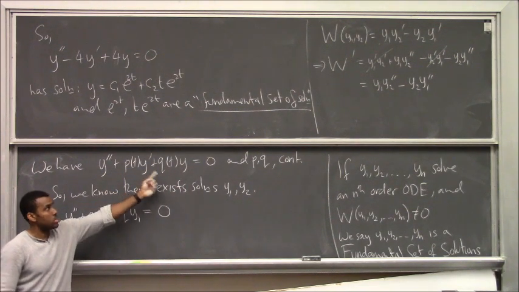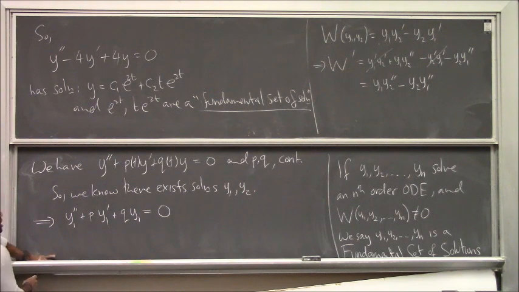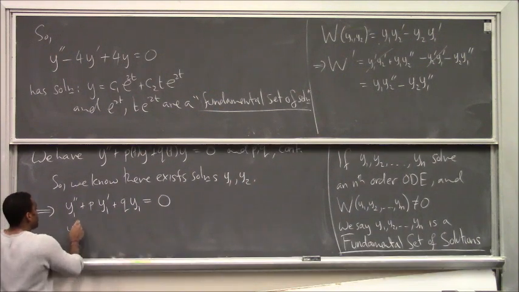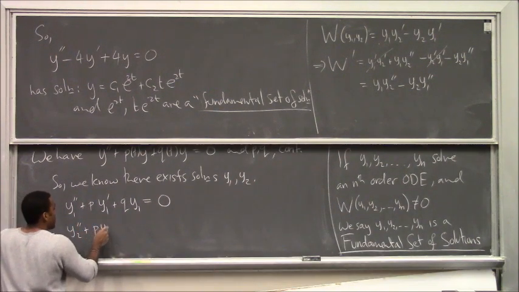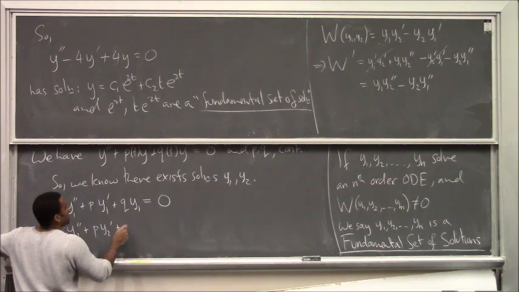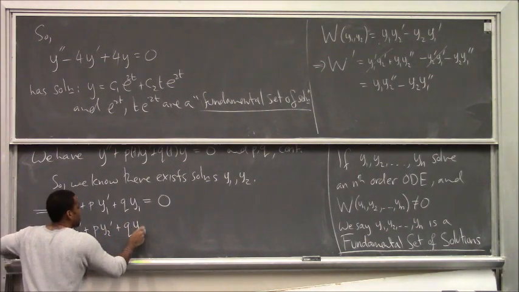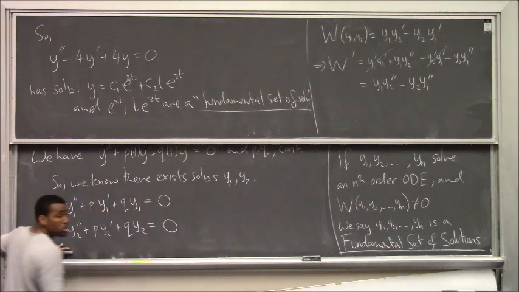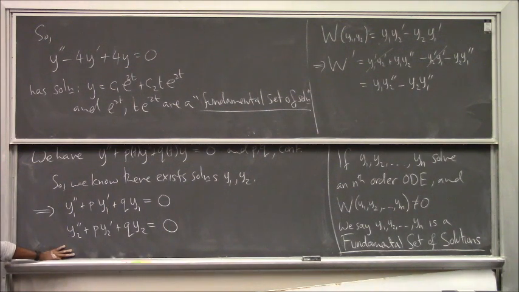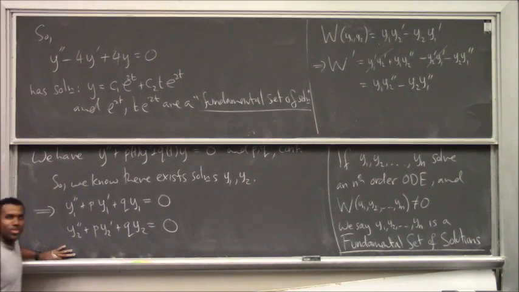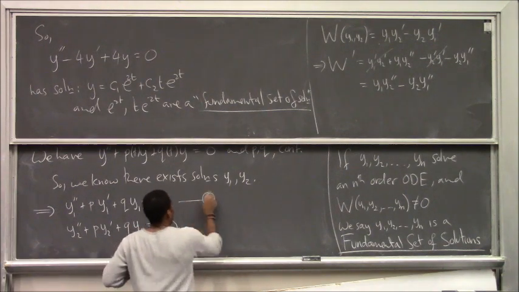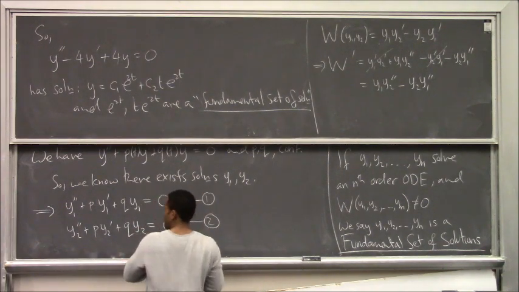These don't have to be constants. They can be whatever. And if I take y2 double prime plus p of y2 prime plus q of y2, that should also give me 0. Let's call this equation 1, and that equation 2.